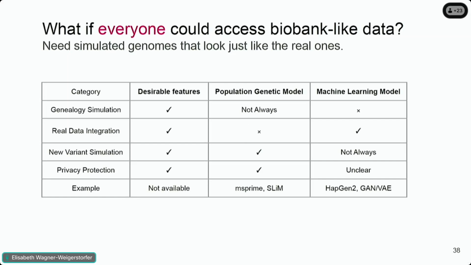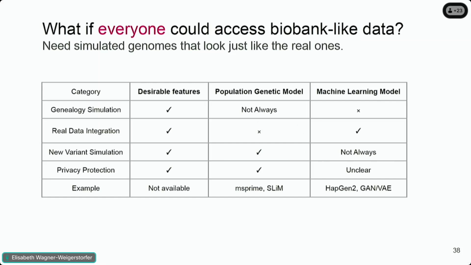You don't have the same mutations, you don't have the same amount of LD. It's not mimicking real data; it's trying to regenerate some data, mimicking some process, even though it's very helpful. It's not real-data-like.